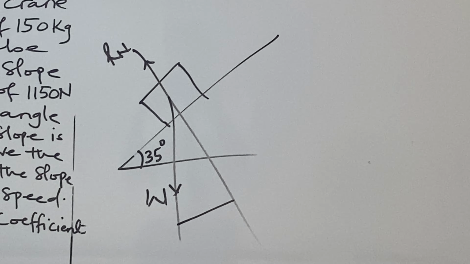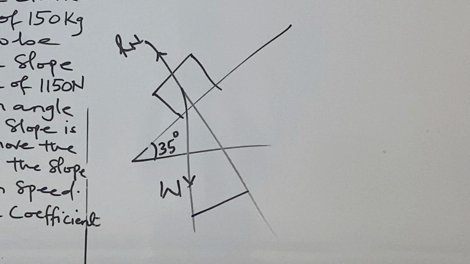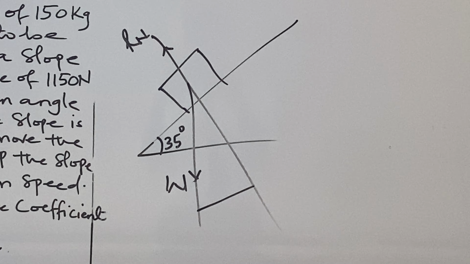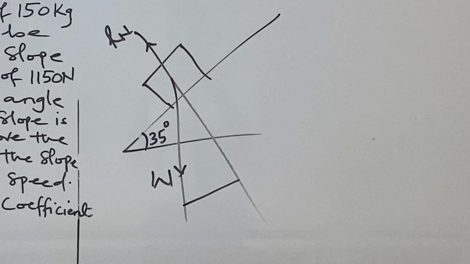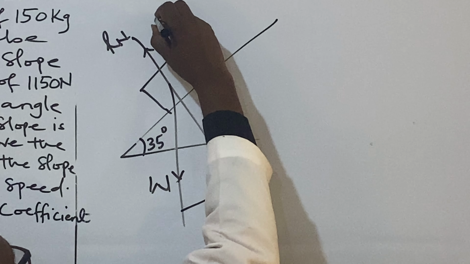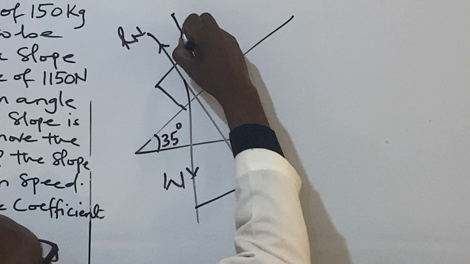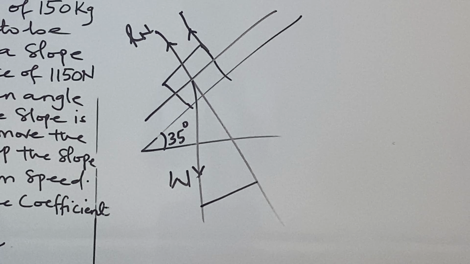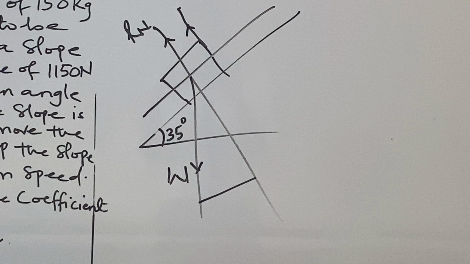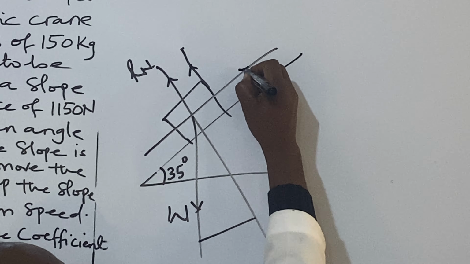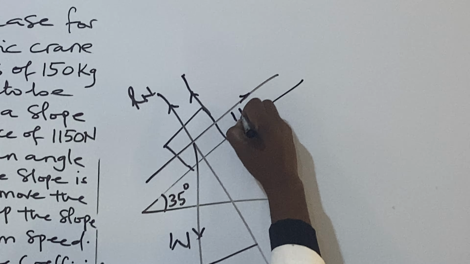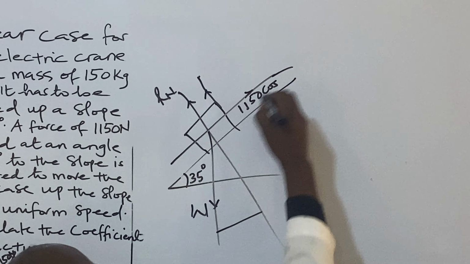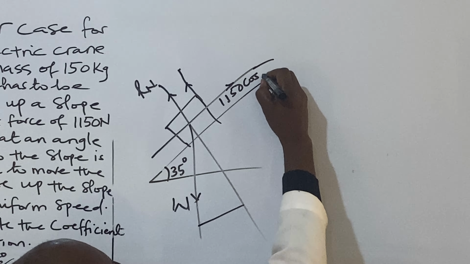Now, if I resolve this force, 1150 Newton, I'll have two forces, one in the horizontal direction and the other in the vertical direction. The horizontal force will be 1150 cos 15 degrees.